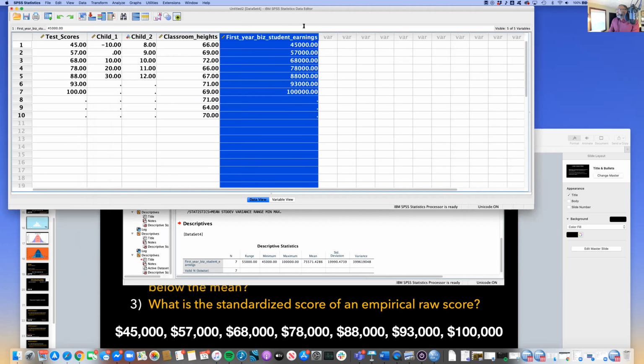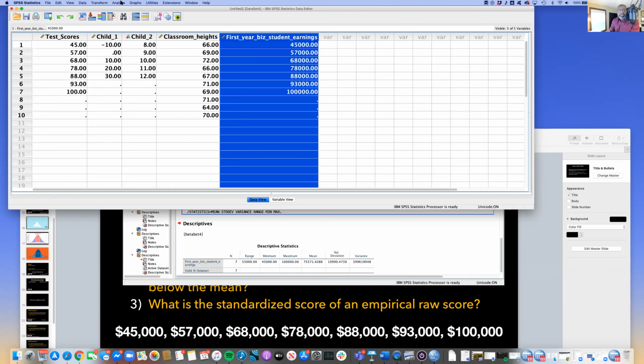So remember here we have first year biz student data. And instead of saying these data points fall within 1, 2, 3 standard deviations from the mean, or having to subtract or add 19,990 from $75,000, we can do this.